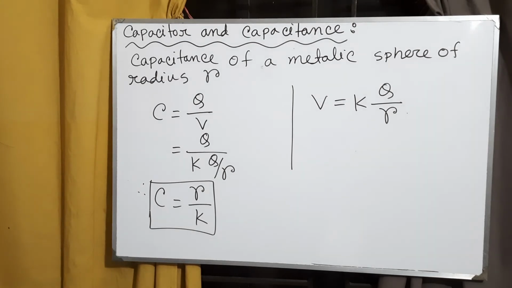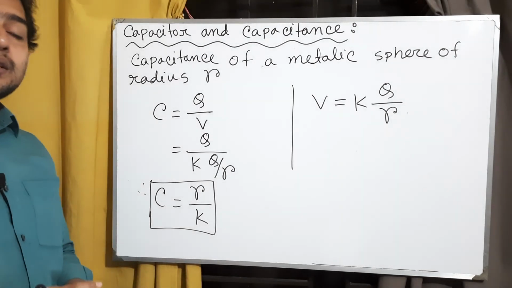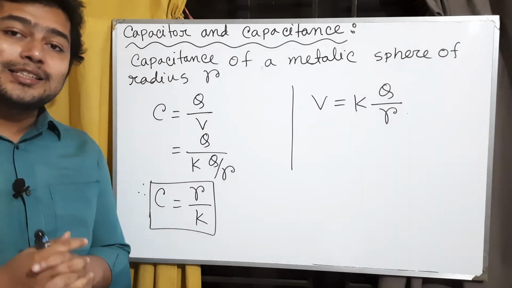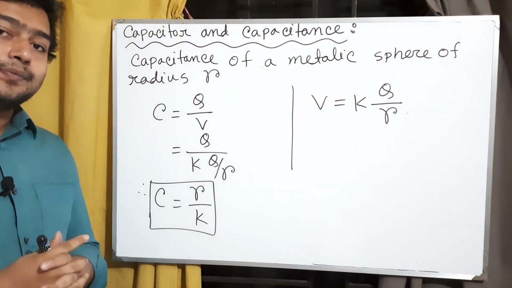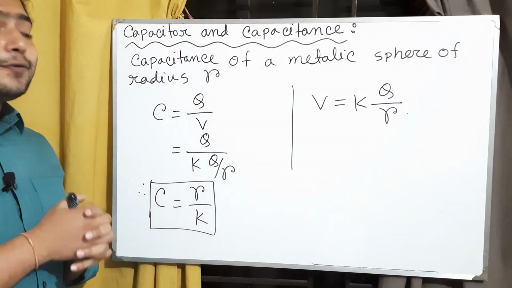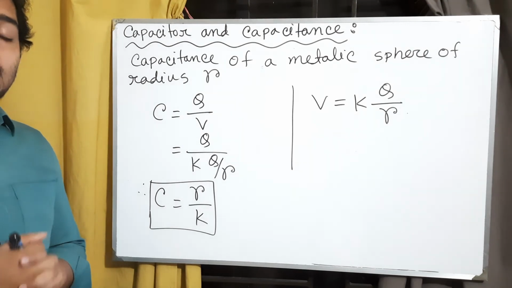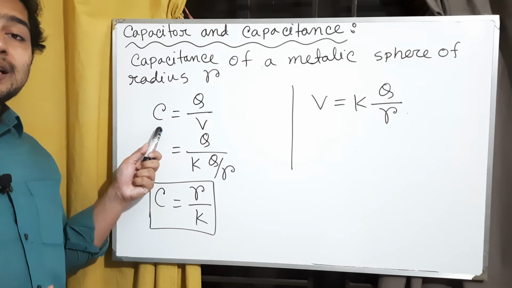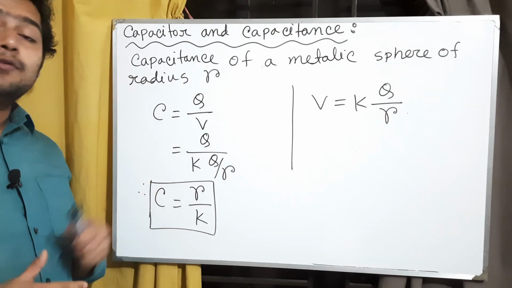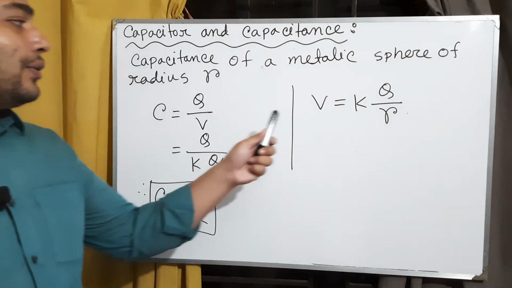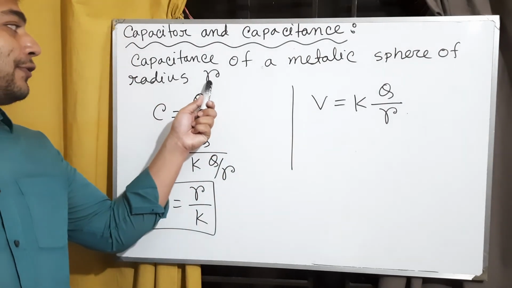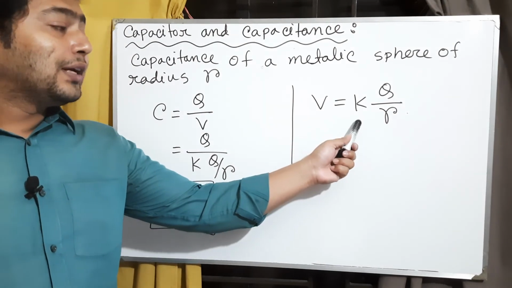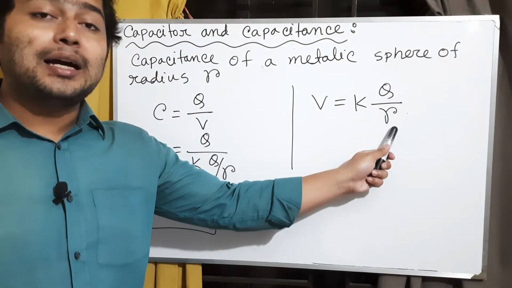Now we will try to discuss the capacitance of a metallic sphere of radius r. According to our discussion, we know that capacitance of a capacitor is C equal to Q by V. Here we know that for a sphere of radius r, the voltage V equal to K into Q by r.